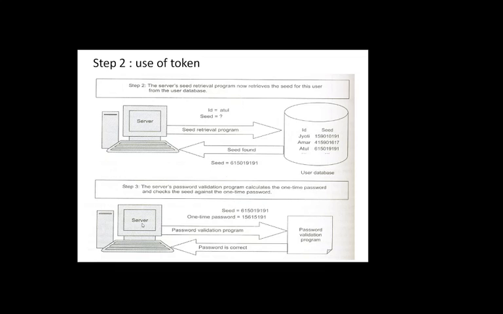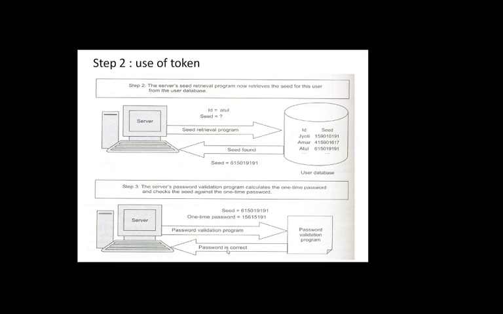Now, the server will be checking the password, and that is why it activates the password validation program. The password validation program calculates the one-time password and checks the seed against it. The server has received the one-time password and the seed value from the user database, and these two values are sent to the password validation program.